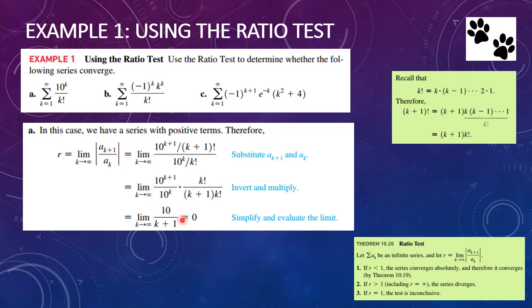And so that's how we get this simplified expression here, 10 over k plus 1. And of course, as k goes to infinity, this value equals 0. And by our theorem, if r is less than 1, the series converges. So this series converges by the ratio test.